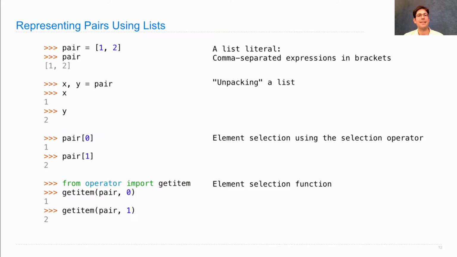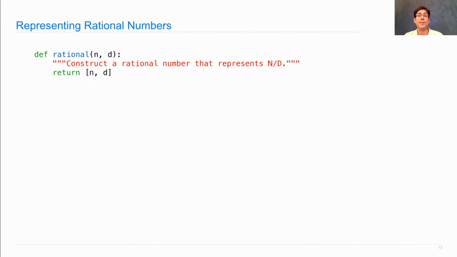Okay, we now have a basic introduction to what lists are, and so far we've used them to create pairs. And why is that useful? Well, a rational number is a pair of integers, the numerator and the denominator. So here's a definition of the constructor of the abstract data type for rational numbers.